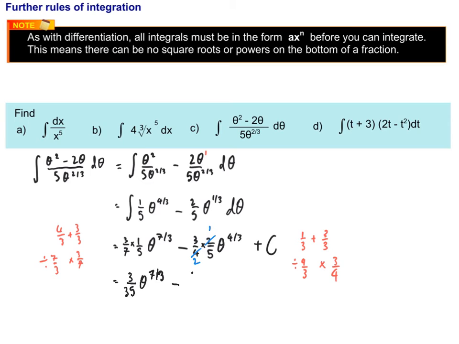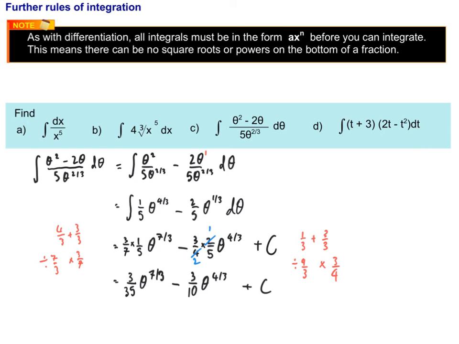So 3 times 1 over 2 times 5, theta to the power of 4 thirds, plus my constant of integration. There's no point trying to rewrite this as a single fraction, because I've done the integration. I've simplified down the two separate fractions. I've remembered my constant. I'm done with that one.